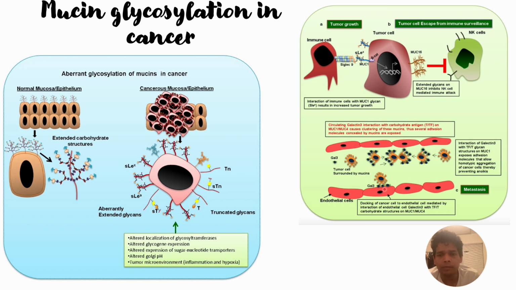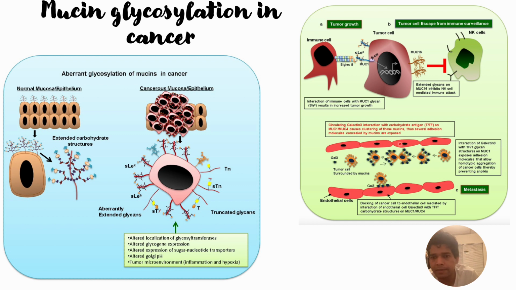And apart from this binding to the endothelial cells, this process also helps these tumor cells to metastasize from one part of the body to another part, as once they bind to the endothelial cells of a different organ, it is easy for them to trigger intravasation.